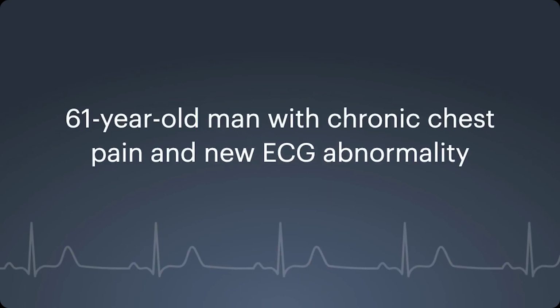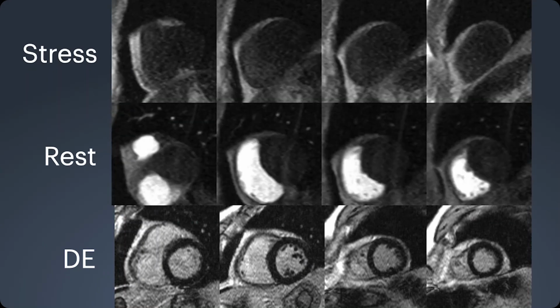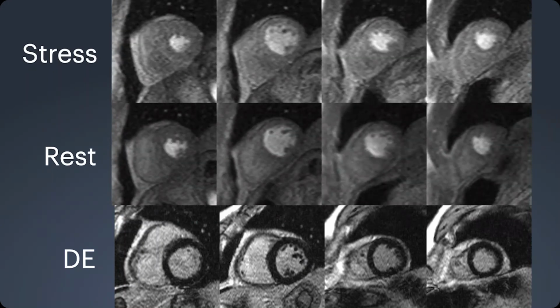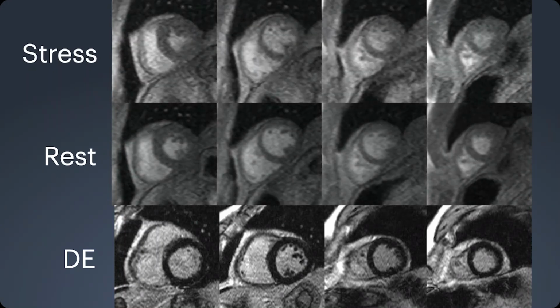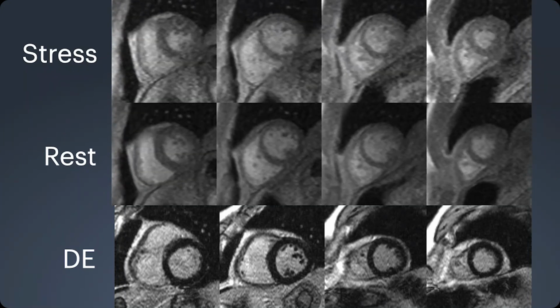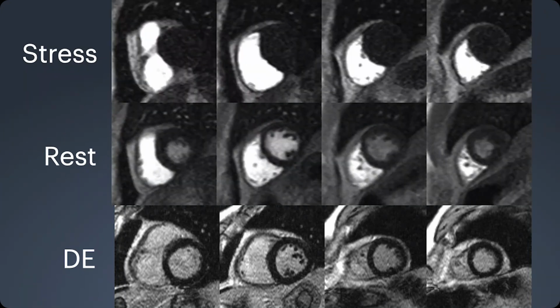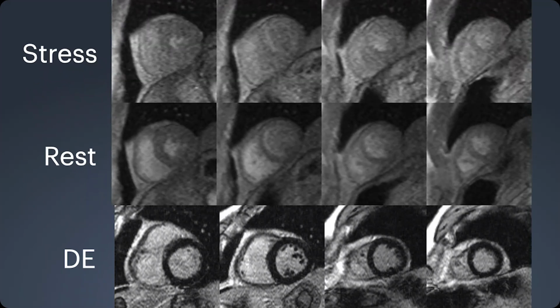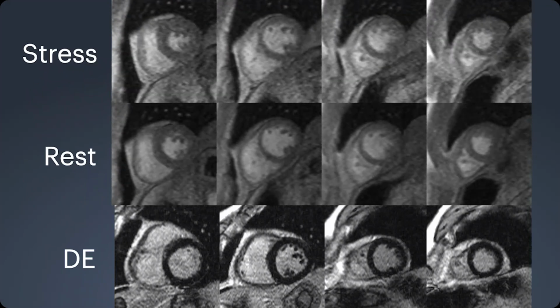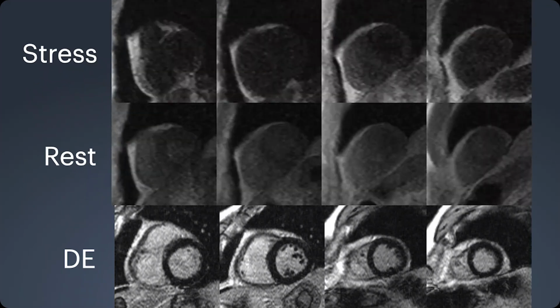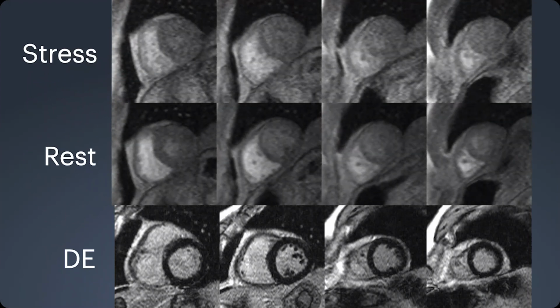First case is a 61-year-old man with chronic chest pain and a new ECG abnormality. So at the top, we have our stress images, our rest images, as well as delayed enhanced images. And so we'll start by looking at the delayed enhanced sequences, and we don't see any evidence of delayed gadolinium enhancement, so there's no evidence of scar or infarct.